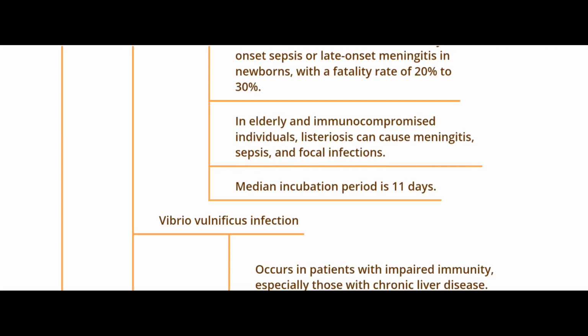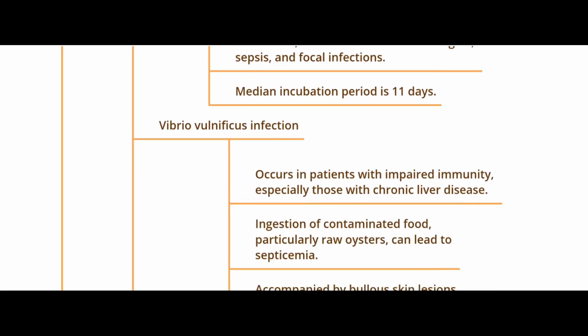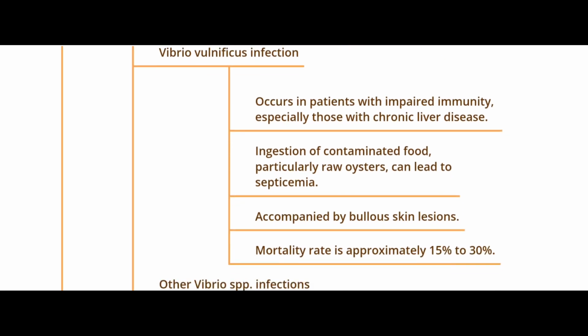If we talk about Vibrio vulnificus, which is a non-cholera Vibrio, it occurs only in patients with impaired immunity and especially those with chronic liver disease. It is especially associated with raw oysters and can lead to septicemia. It is accompanied by bullous skin lesions and the mortality rate is around 15 to 30%, and it is also one of the US specific infections.